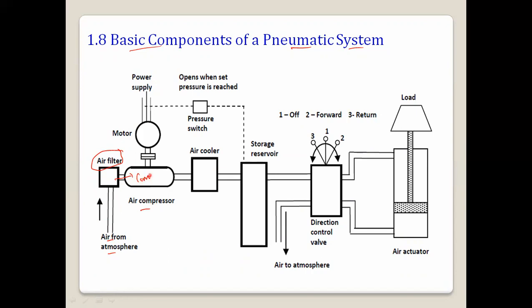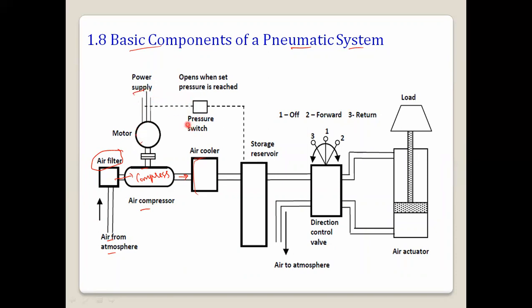It compresses the air, which means the pressure will increase and the temperature will also increase. For that increase in temperature, we use this air cooler. Again, the compressor has to be run, so here we use a motor, and the motor uses the power supply.